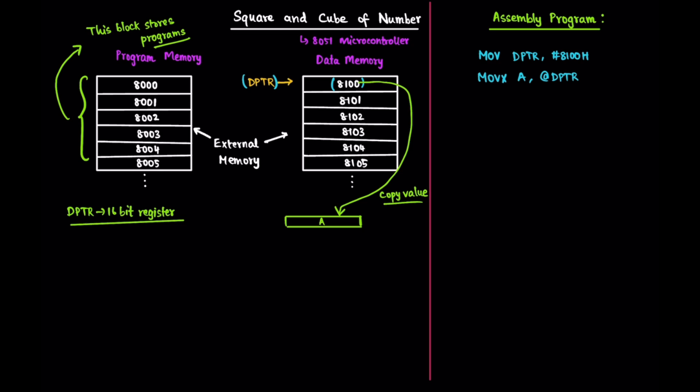accumulator register. Now there is another register in 8051 called the B register. I am going to store the same value which is present in A into this B register.